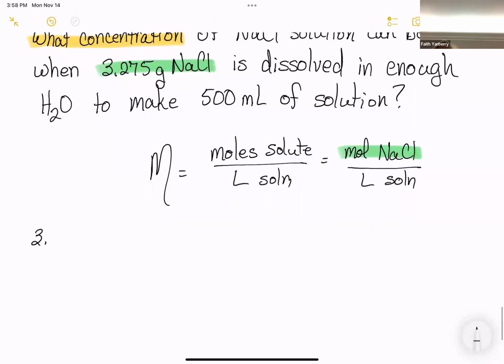So I'm going to convert the 3.275 grams of NaCl into moles of NaCl, which is going to require the molar mass.